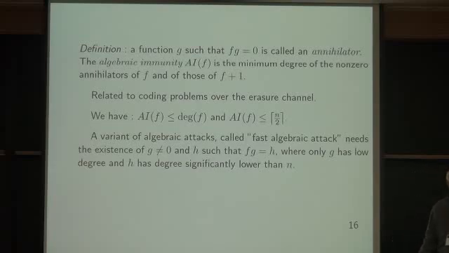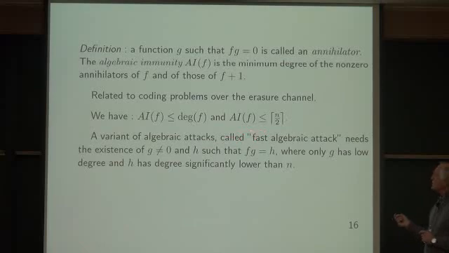What does high mean? We need a bound to know what is high and what is not. The algebraic immunity is always upper bounded by the degree, because f is an annihilator of f plus 1 and f plus 1 is an annihilator of f.